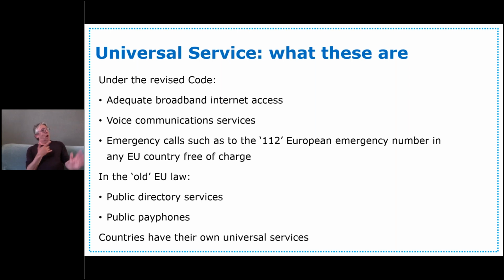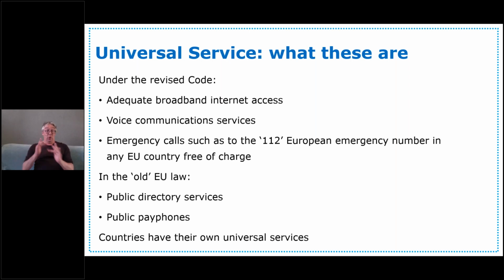As Mher mentioned, the code defines the universal services that should be ensured at national level to all consumers, to all end users, and these are the adequate broadband internet access.